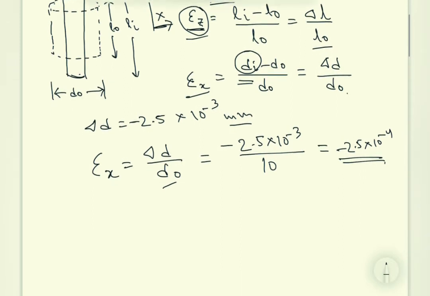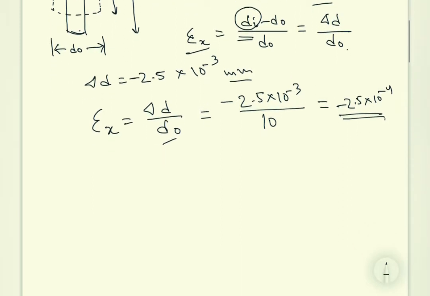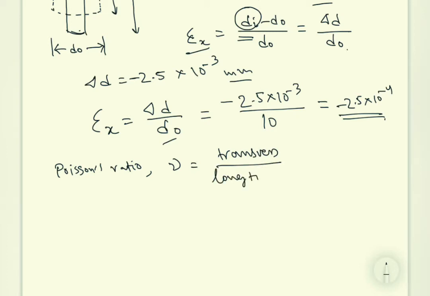Now we want to know what is epsilon z. The only parameter bridging them is Poisson's ratio, which is the transverse strain divided by the longitudinal strain, with a negative sign.